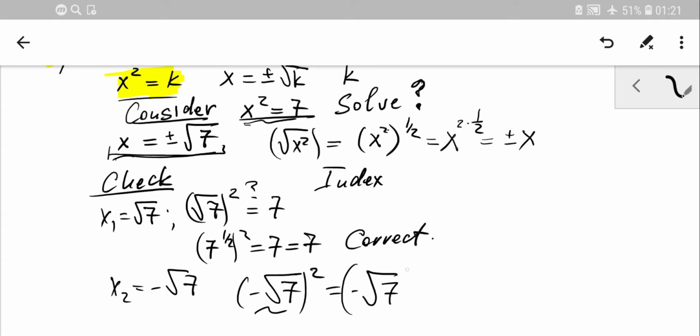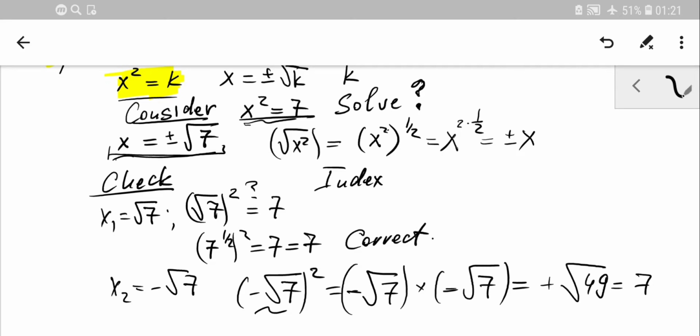And what we'll see is that two negative numbers multiplied give a positive number. So it's going to be positive, and square root of 7 times square root of 7 is square root of 49, which is simply 7. So both answers are correct.